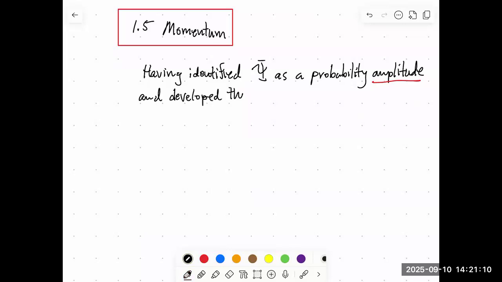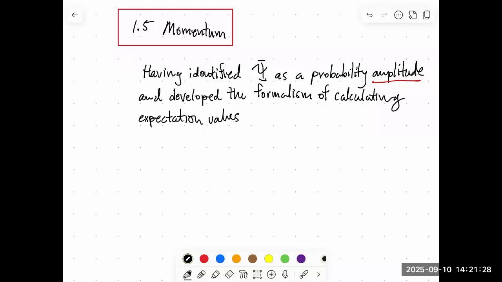We developed the formalism of calculating expectation values, and we just did an example of such a calculation.